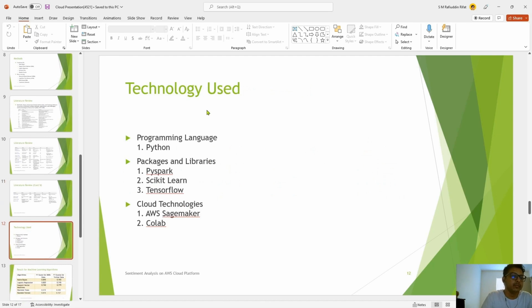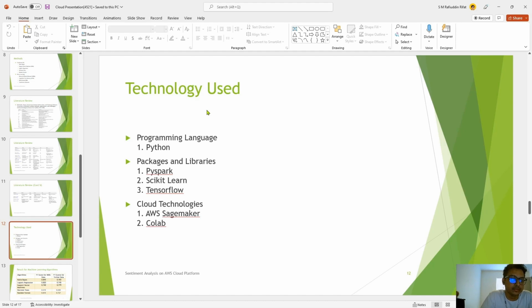The technology we have used is the Python programming language for the basic part, and we have used PySpark packages for pre-processing the text, and we have also used the scikit-learn package to implement traditional machine learning models, and we have used TensorFlow packages to implement the deep learning models, and we have used AWS SageMaker to deploy our machine learning and deep learning models.